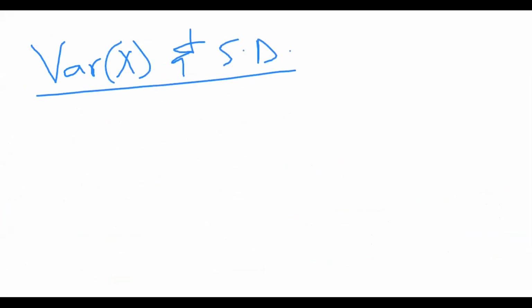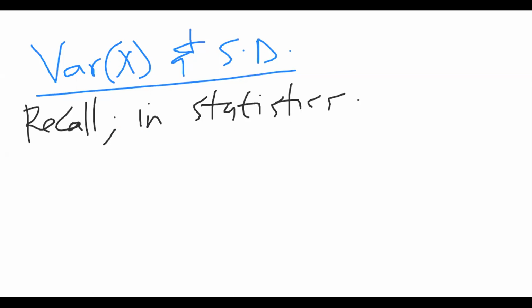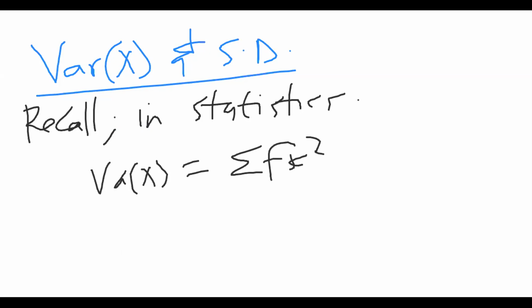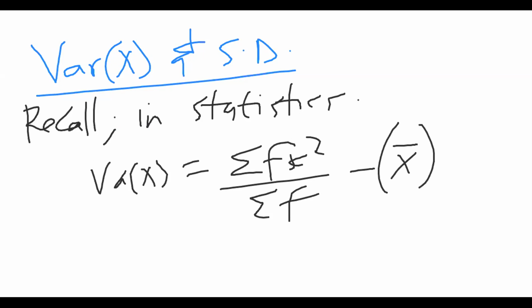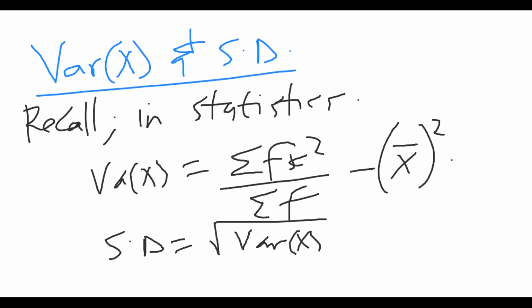So the variance of x and the standard deviation, to recall in statistics, the variance of x was given by the summation of f x squared over the summation of f, minus the mean squared. And the standard deviation was simply equal to the square root of the variance of x.